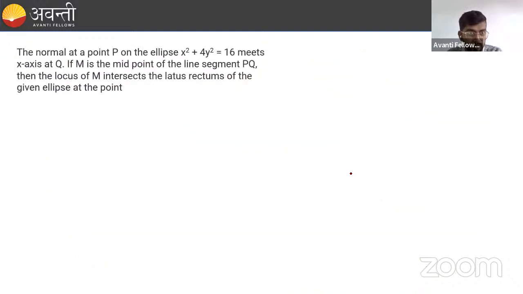Let's move ahead. Now, let's check out what this question is saying. The normal at point P on the ellipse meets the x-axis at Q. If M is the midpoint of the line segment PQ, then the locus of M intersects the latus rectum of the given ellipse at the point.